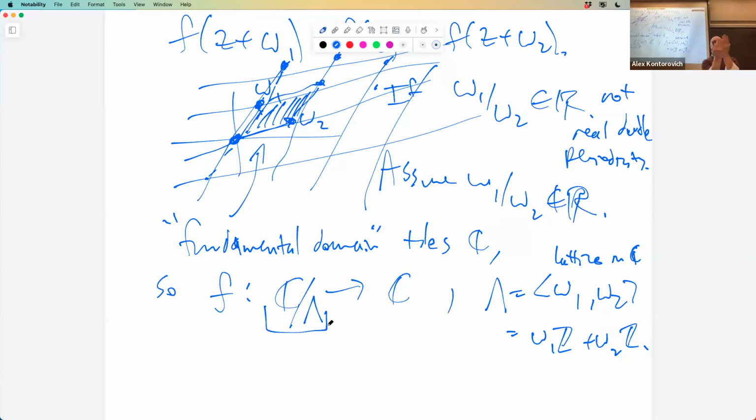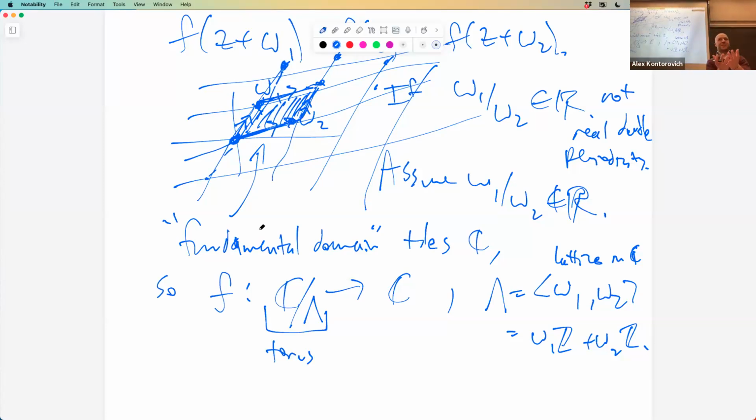With these two ends we can identify, but then we have this infinite cylinder. Here it's a torus. This quotient is a torus because this side is exactly identified with that side, and similarly this side is exactly identified with that side. So these doubly periodic functions are really functions on tori. This is a torus.